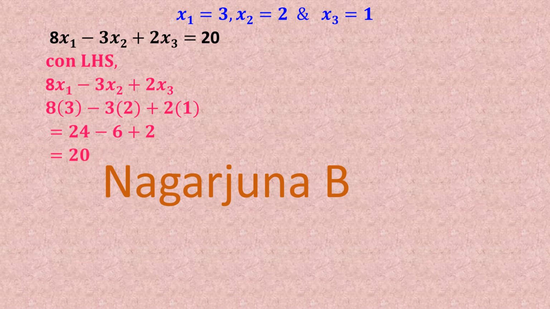That is, we have got RHS. LHS is equal to RHS. That means whatever answer we have got is correct for all the equations given in the question. That means the answer which we have got is the exact solution of the given system of linear equations by using the Gauss-Jordan elimination method.